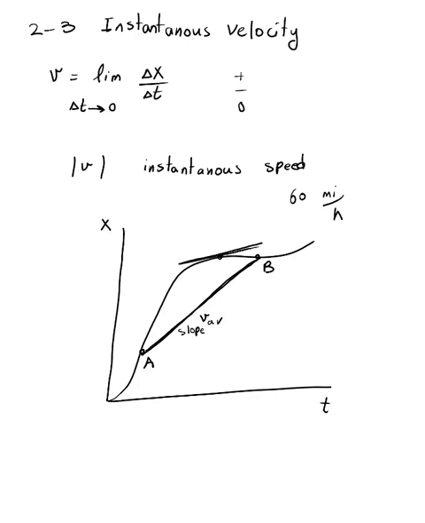For example, at t equals, let's say, 5 seconds, the slope of the tangent line is equal to the instantaneous velocity.